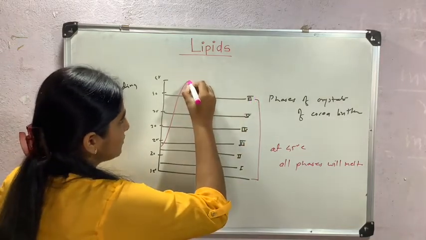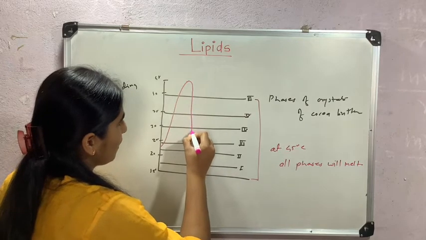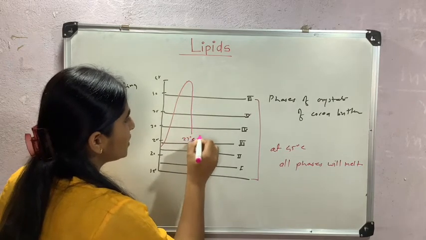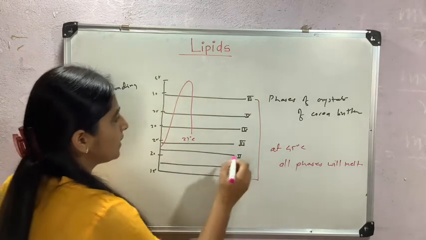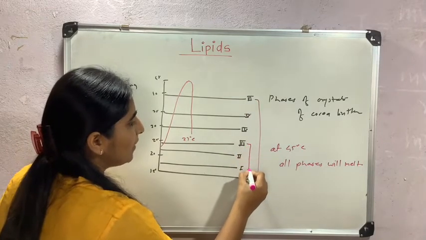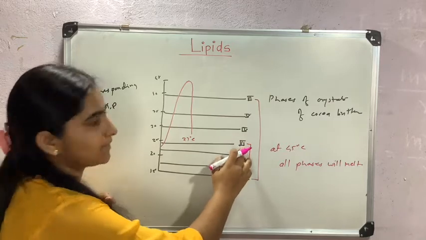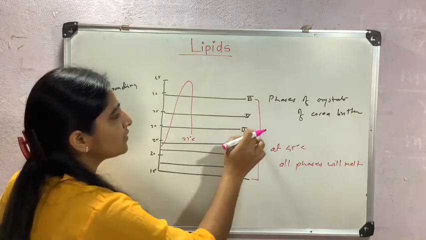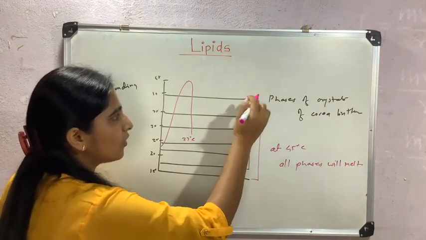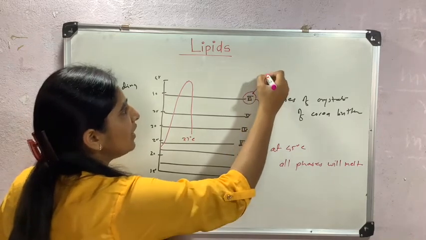After cooling to room temperature, that is 27 degrees Celsius, there will be no growth of phase 1, phase 2 and phase 3 crystals. We will get only phase 4, phase 5 and a negligible amount of phase 6. Therefore, we will not consider this.